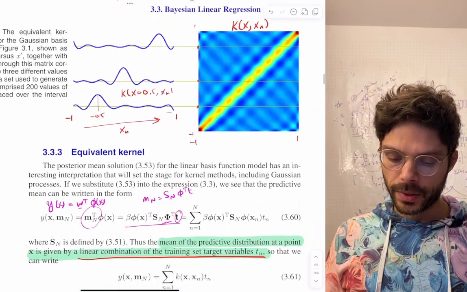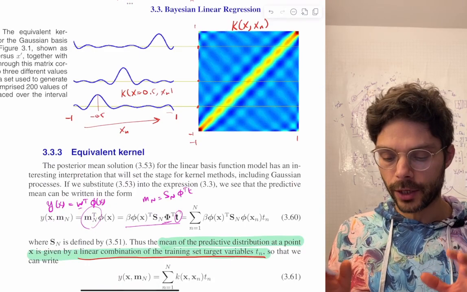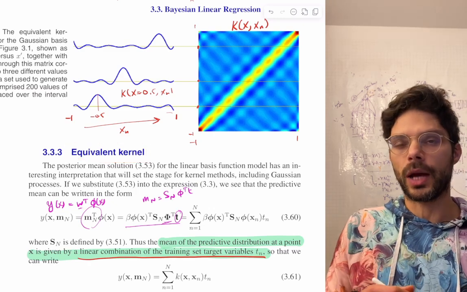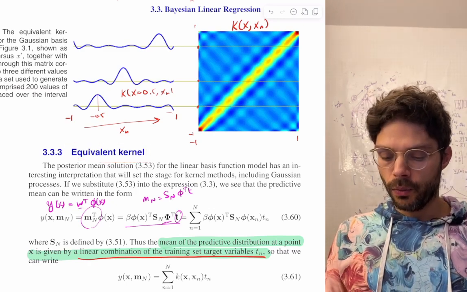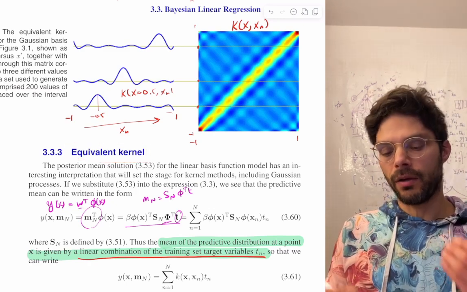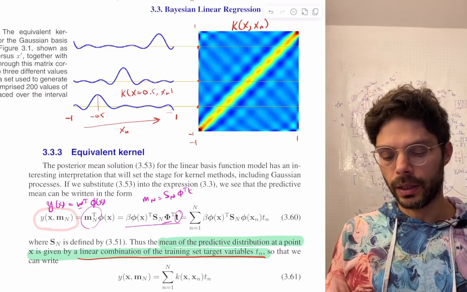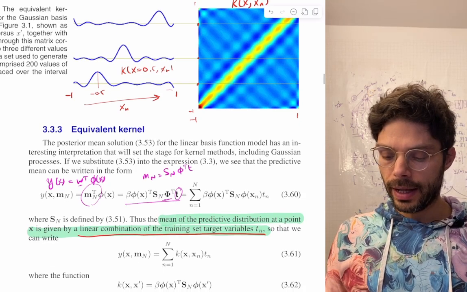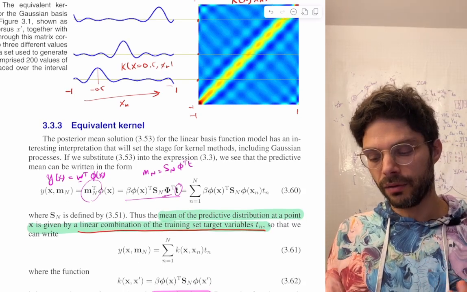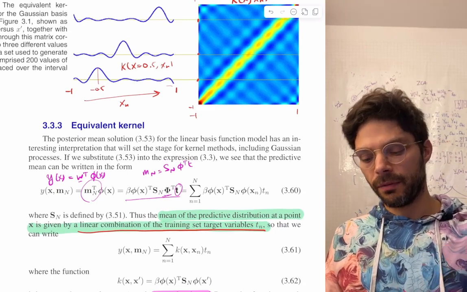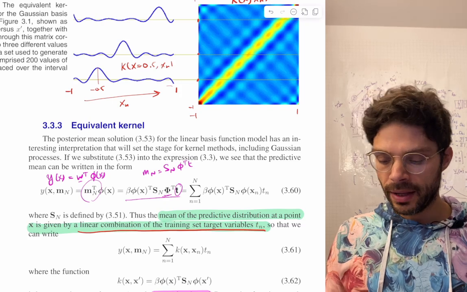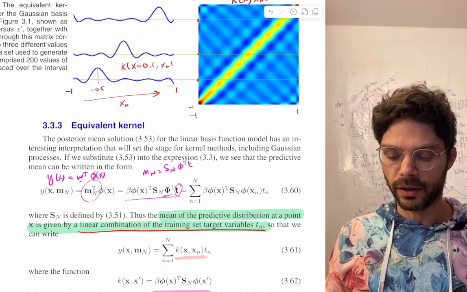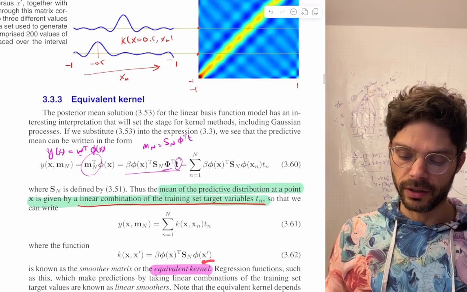Okay. And then, in 3.33, we touched on a very interesting notion that we're going to see more of, I think, in chapters 6 and 7, where we saw that we can think of our estimation or prediction problem differently. Instead of weighting some features, we can see it equivalently as interpolating our inputs according to a similarity kernel.